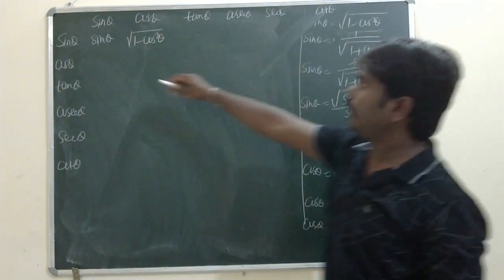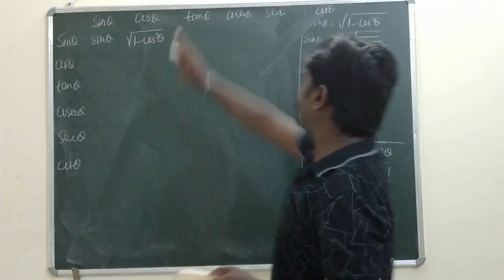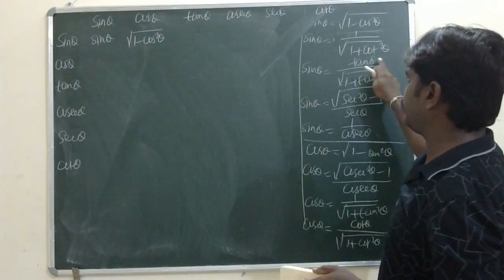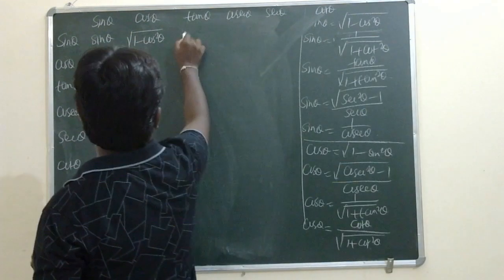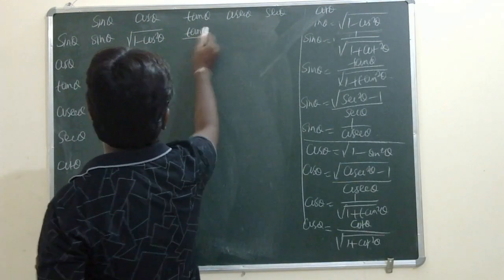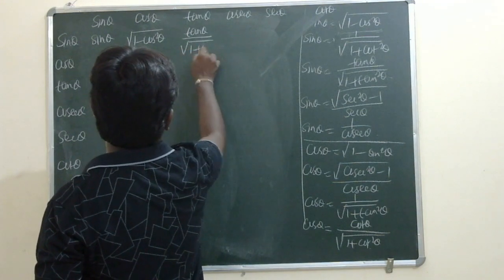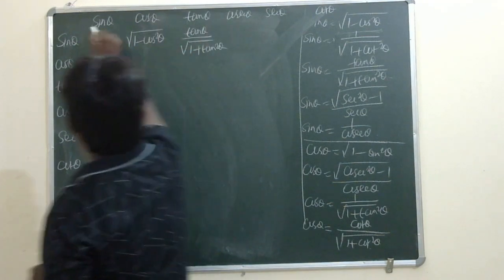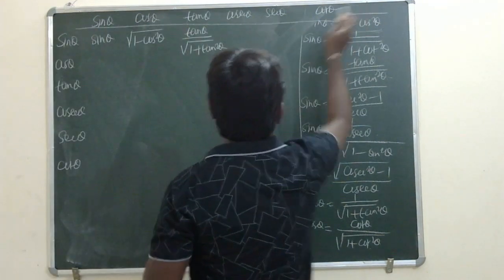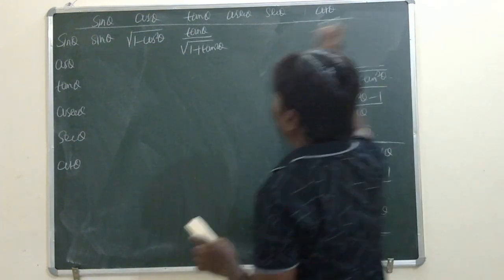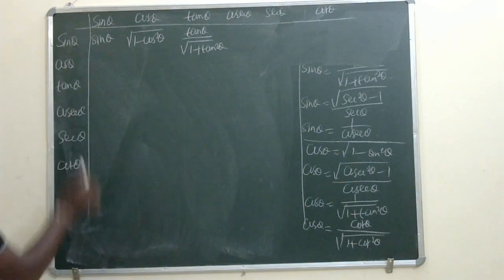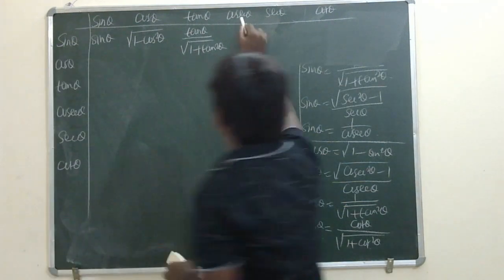Now sin theta in terms of tan theta is tan theta by the square root of 1 plus tan square theta. Okay, right. So now cosecant theta.